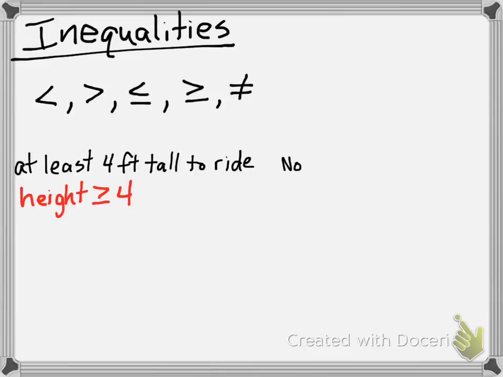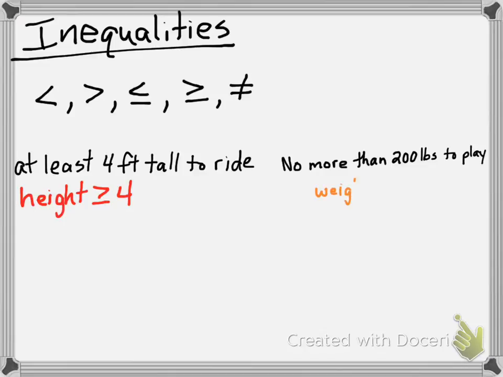Another example would be something like a weight limit, maybe on some kind of trampoline or bouncy house or something. They might have a sign on it that says no more than 200 pounds to play. Well, that's an inequality.